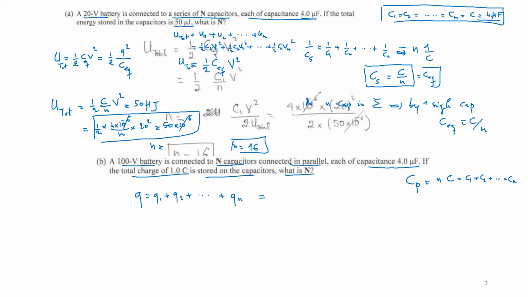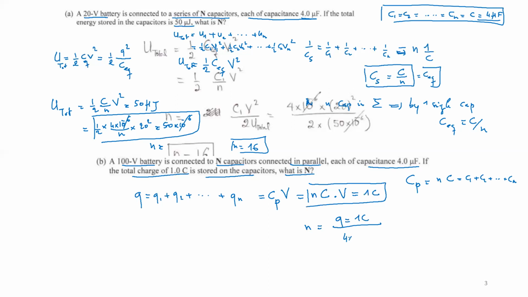And you know that the total charge is just C equivalent, which is C parallel, multiplied by V. So this means that, of course, C parallel is just NC multiplied by V. And this should give you 1 coulomb. So you know everything here. That means N is just Q total, which is 1 coulomb, divided by CV. Okay. C is the capacitance of each capacitor.